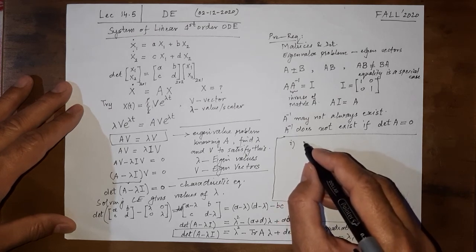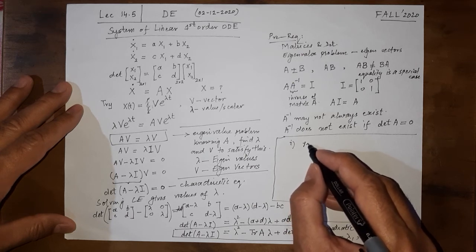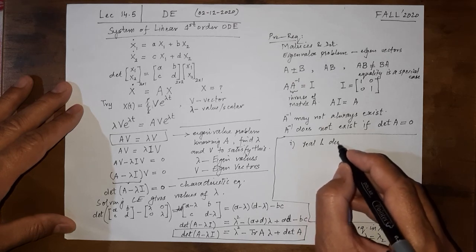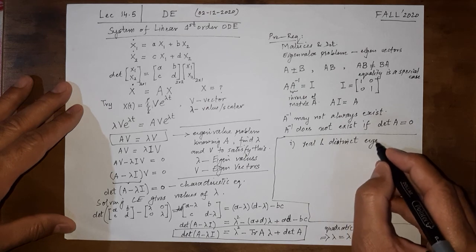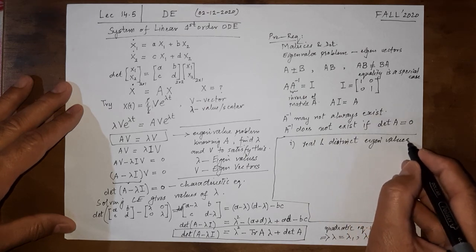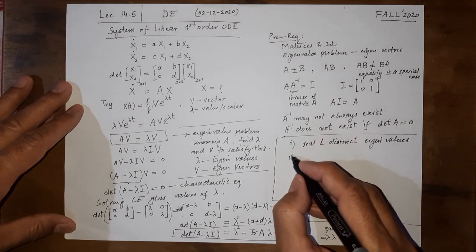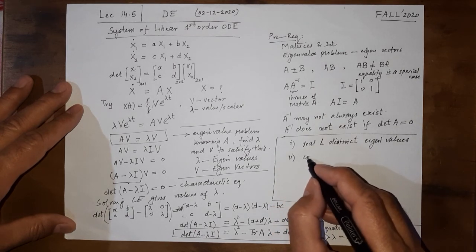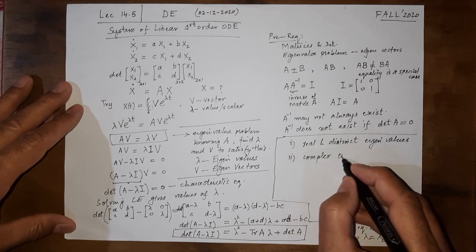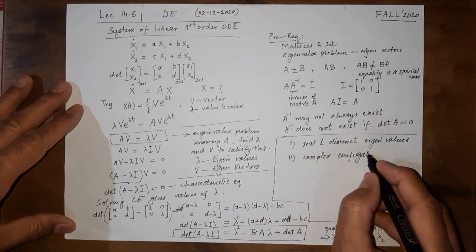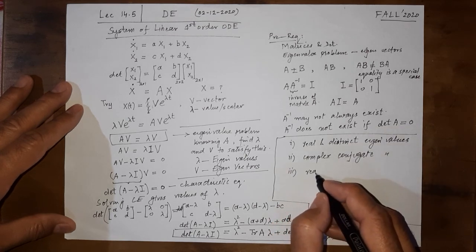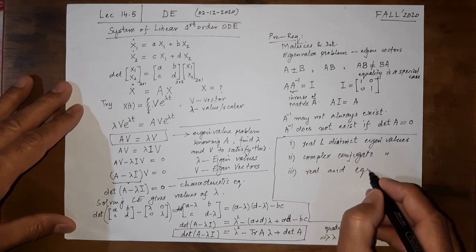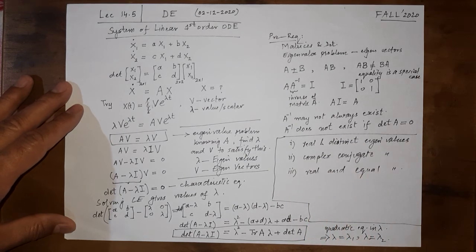Either we are going to have real and distinct eigenvalues, lambda 1, lambda 2, or we are going to have complex conjugate eigenvalues, or we are going to have real and equal eigenvalues.